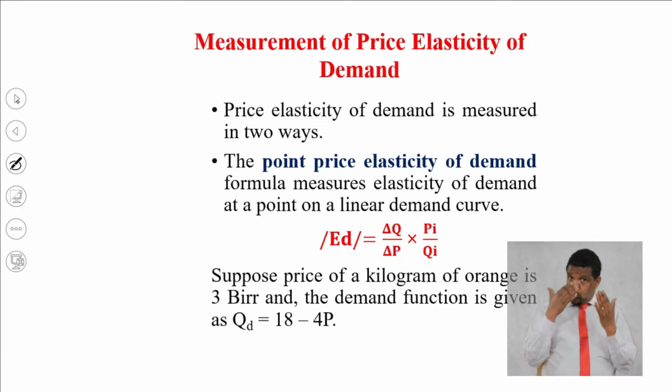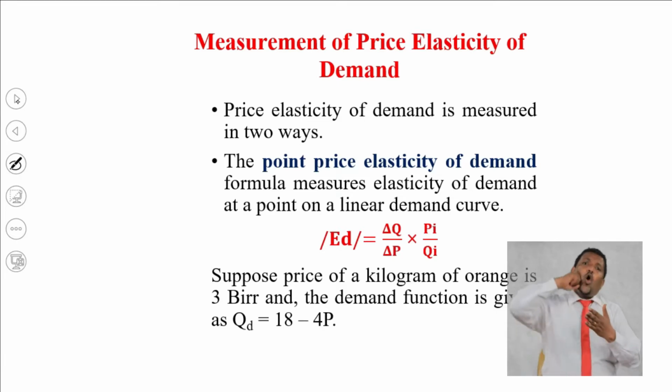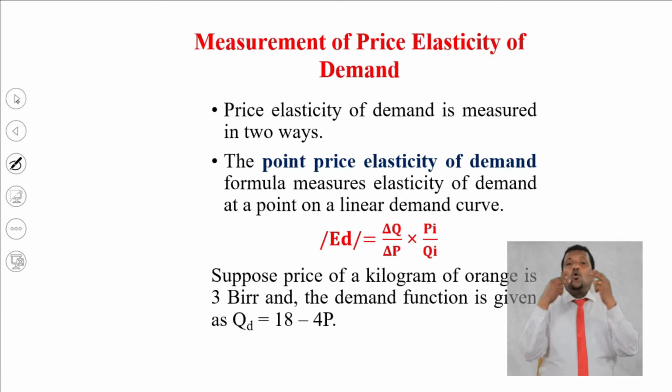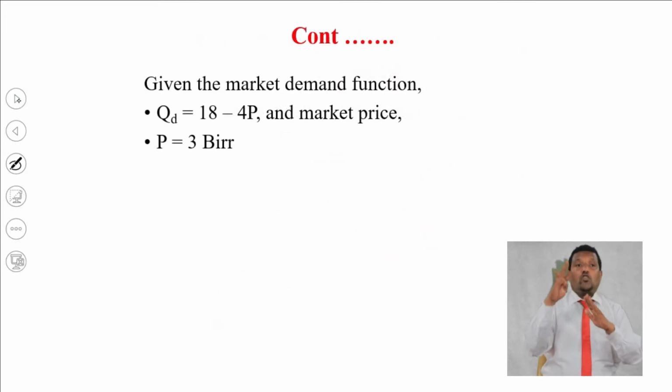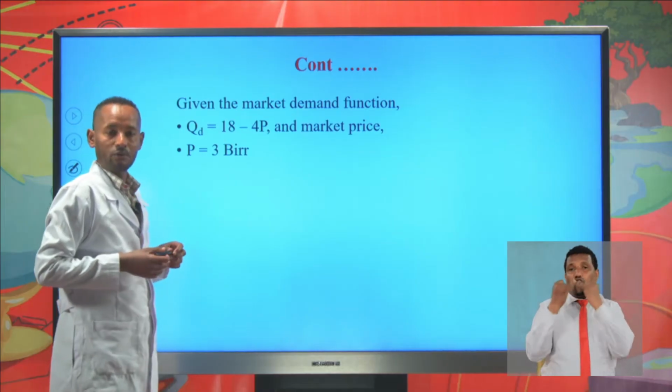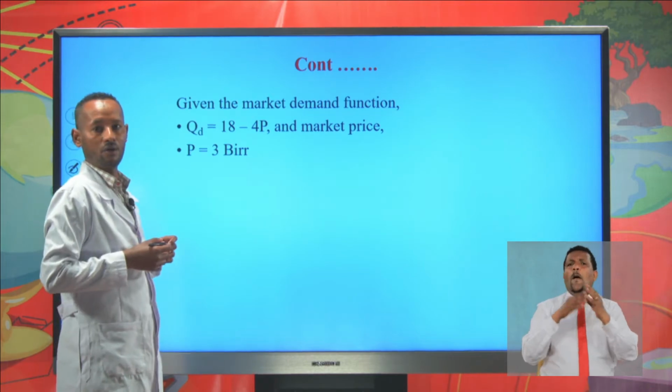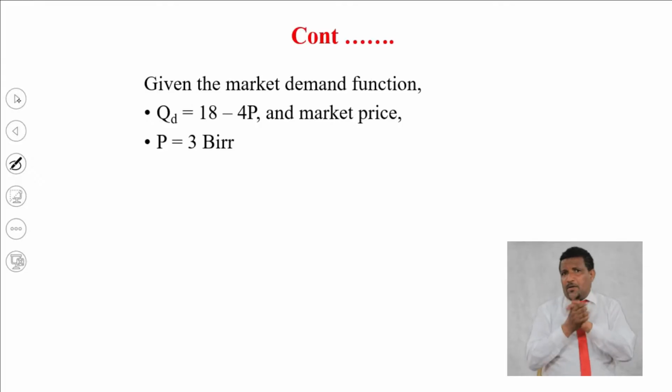Suppose the price of a kilogram of orange is given, which is 3 birr, and the demand function is given as quantity demanded equals 18 minus 4P. From this given information, we can calculate the price elasticity of demand. The first step, in order to get the initial quantity, is to substitute the given price into the demand function.